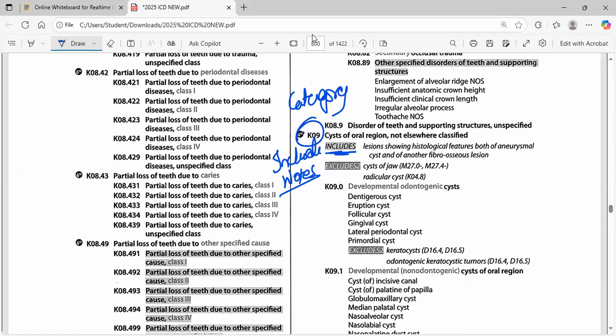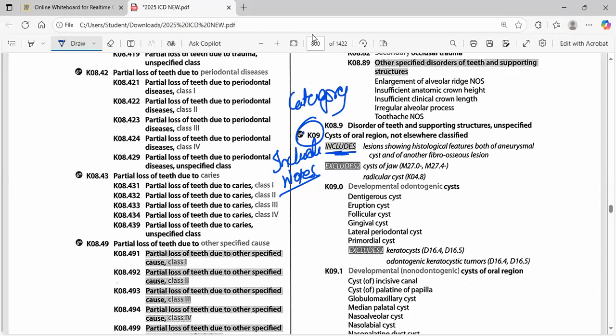Inclusion terms are listed below the complete code. So the major difference between the include notes and the inclusion terms is that include notes are below the incomplete code or below the category, whereas inclusion terms are always listed below the complete code.